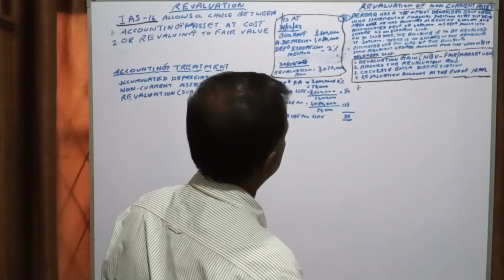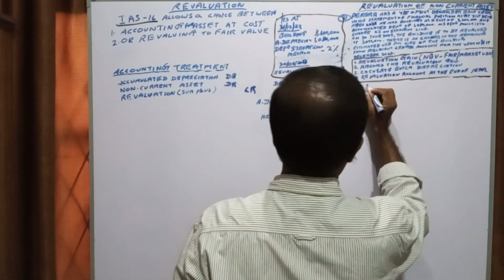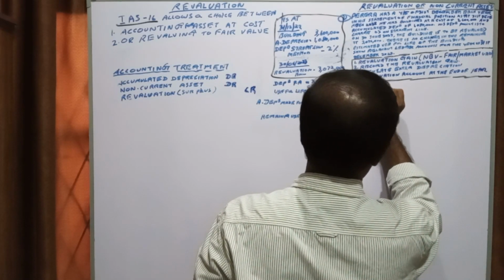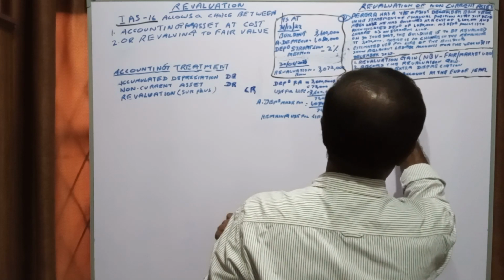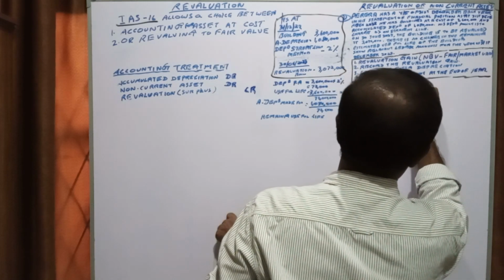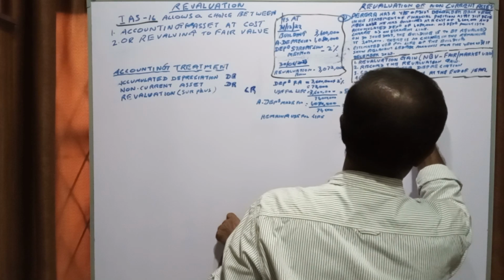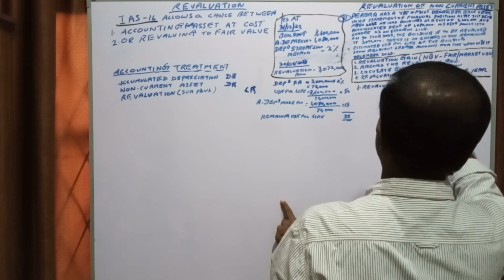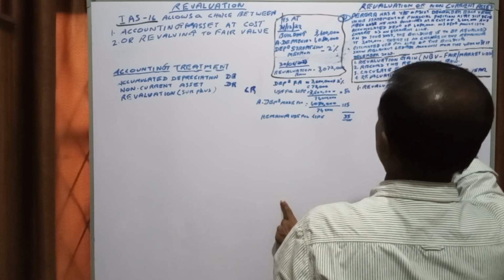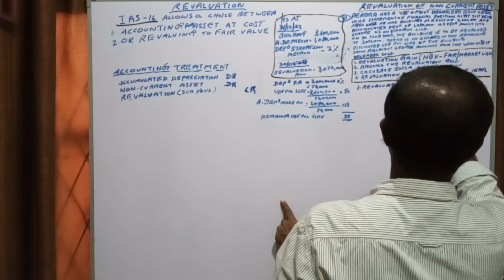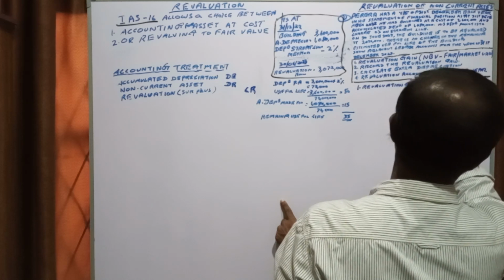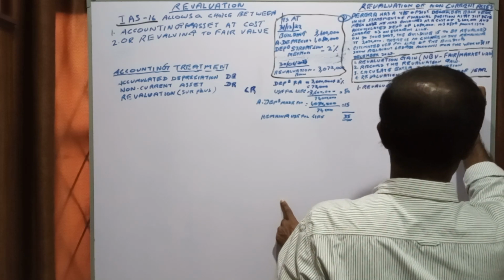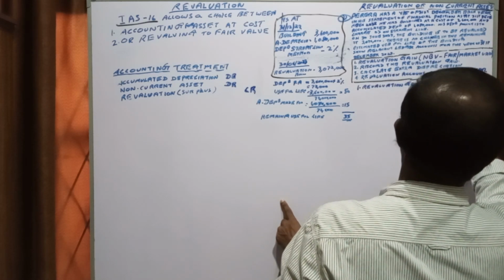That means revaluation gain equals fair value, 3,072,000 is the fair value, minus net book value.